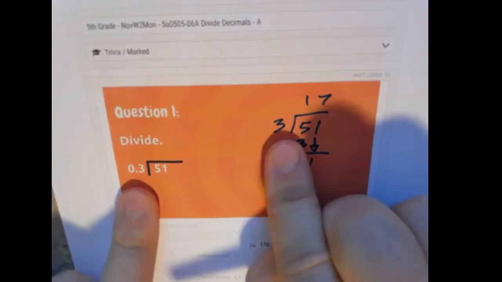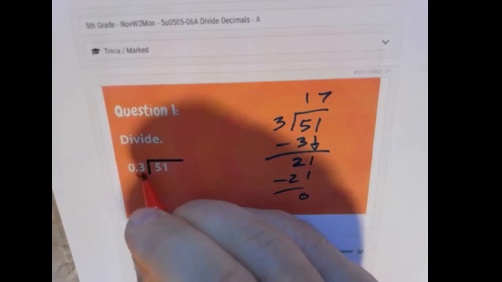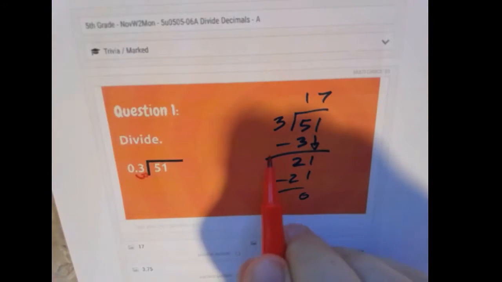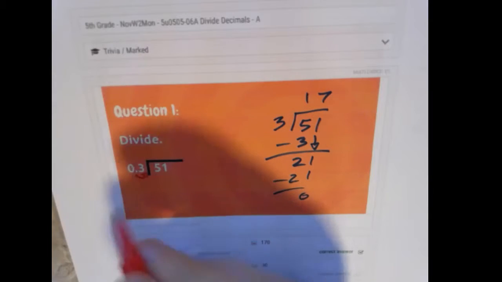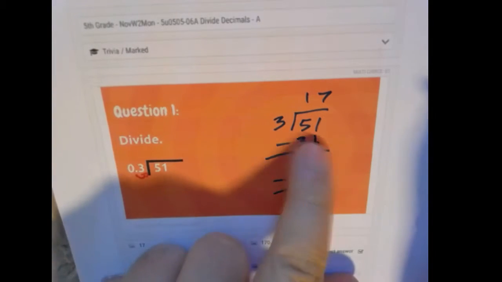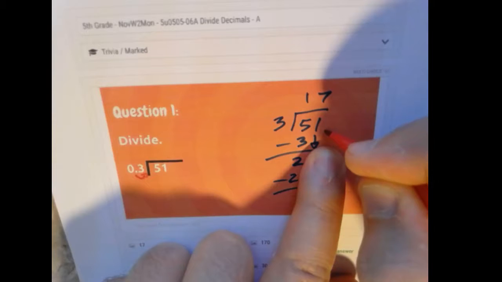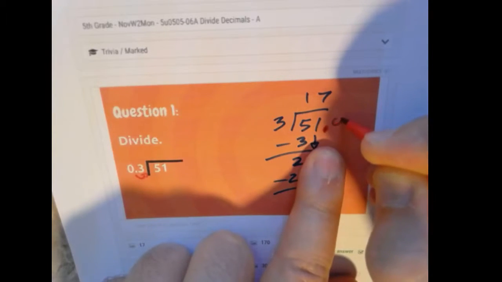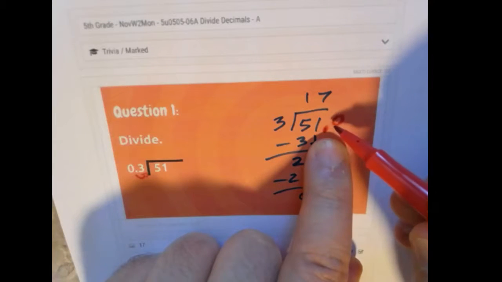So what did we do? What's the difference between 0.3 and 3? Well, we moved the decimal one spot to the right to make 3. So what are we going to do? Notice we didn't have any decimals here. If we did, it would be 51.0, right? If we did force there to be a decimal inside.